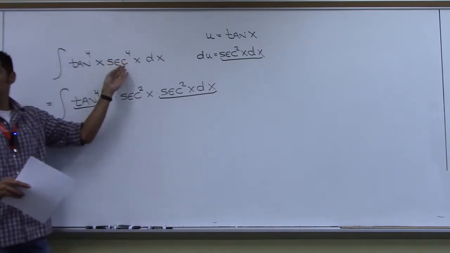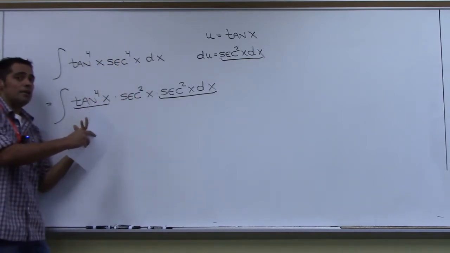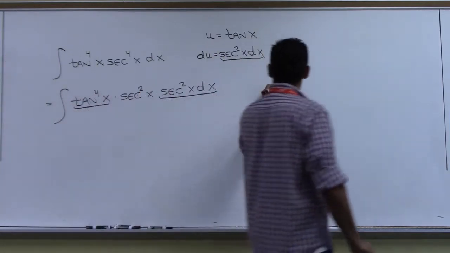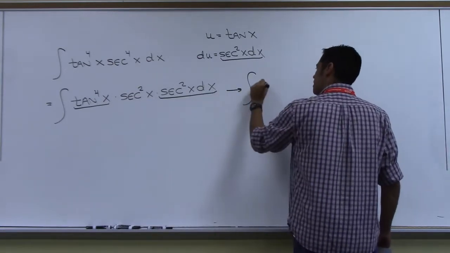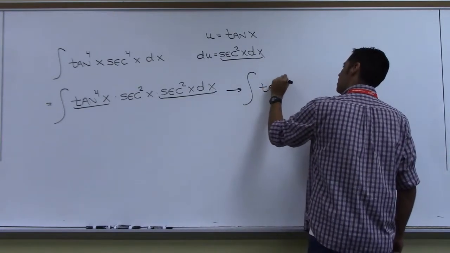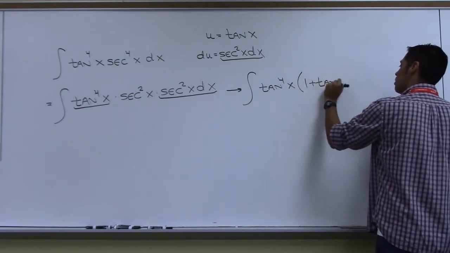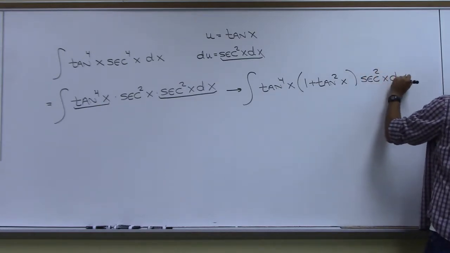If there were only 2 secants and you peel those off, then all that you would have was the tangent anyway. But guaranteed that that's going to be even. So using that identity, I'm going to rewrite the problem. Here we go. This is tangent to the fourth x, replacing secant squared with 1 plus tangent squared x, sorry. And then secant squared x dx.